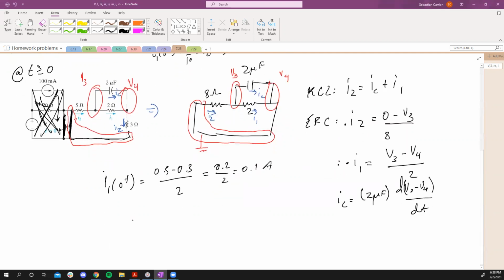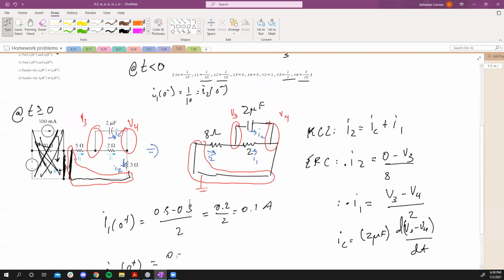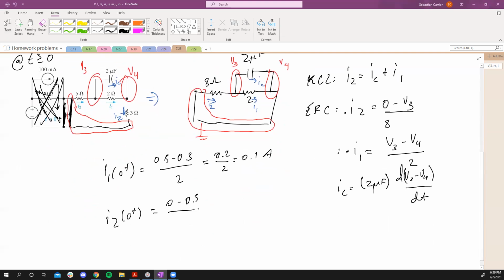And then our I2 would be 0 minus V3 over 8, where V3 is 0.5. That's going to be negative 0.25 amps.